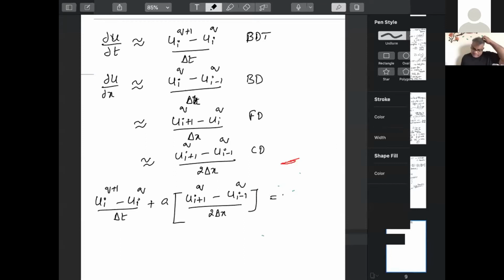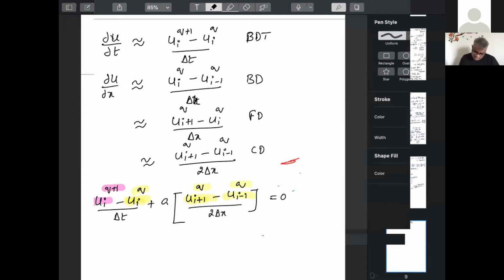If you look at this, these terms are at time level q. That is, they are the known quantities. And if you look at this one, this is at time level q plus 1. So this is the unknown quantity.